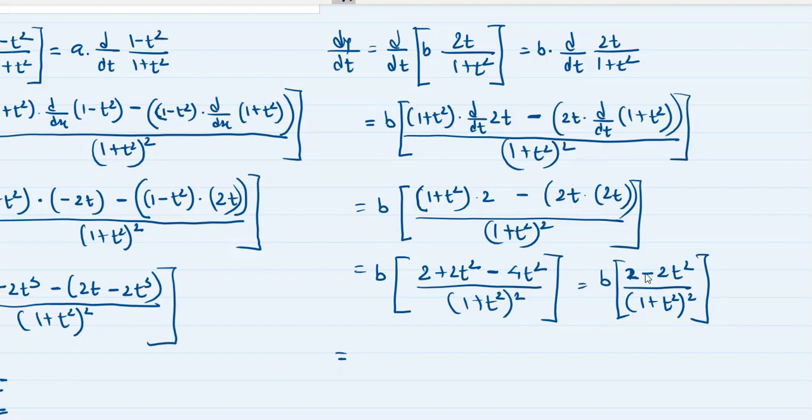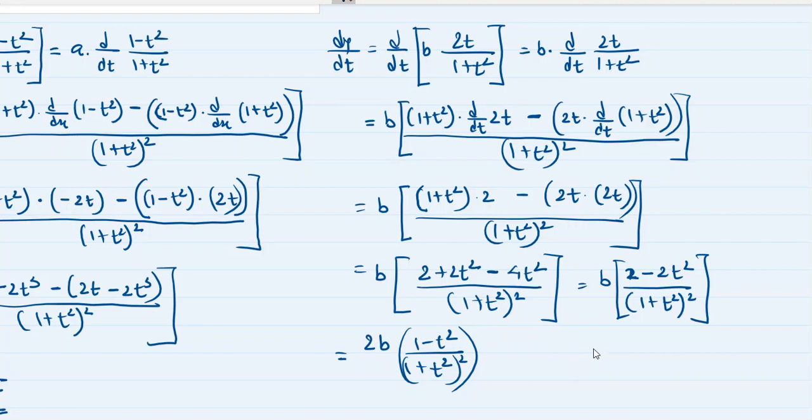Okay, so this 2 will come out common, so we get 2 bracket 1 minus t square upon 1 plus t square the whole square. So this is basically dy by dt.